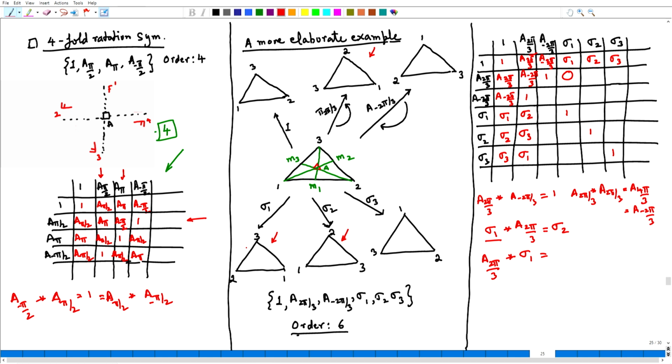Okay, this is okay, 3 2 1, sigma 1 followed by a 2 pi by 3 will become 1 3 2, and this is where we are, 1 3 2. So, this should be sigma 3. Hence this cell becomes sigma 3.